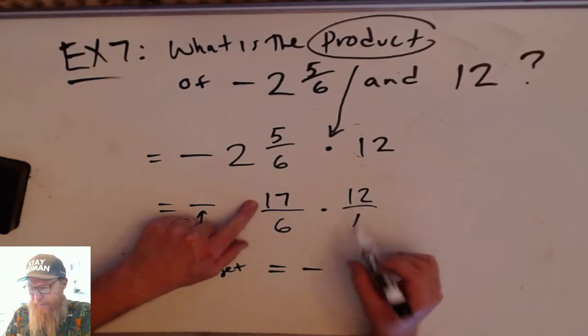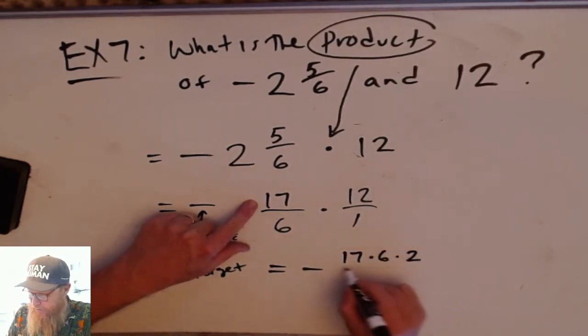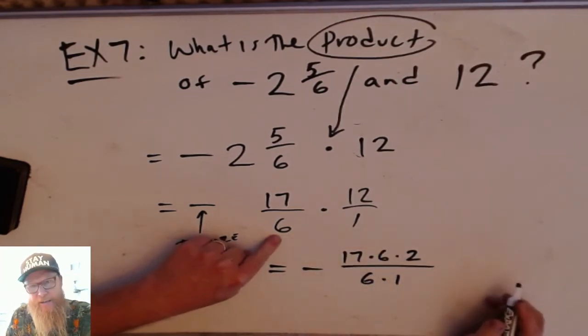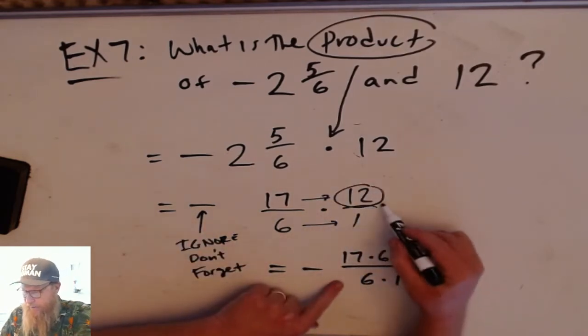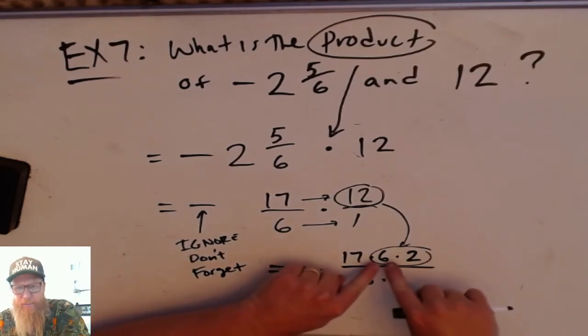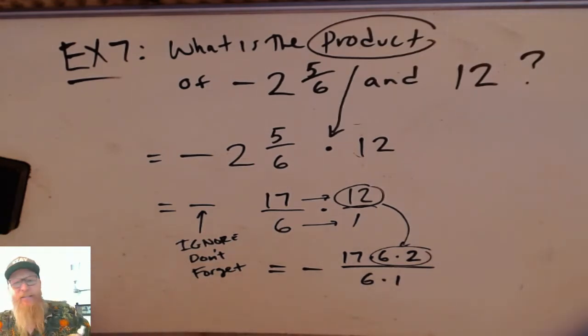I'm going to try to simplify this. 17 times 6 times 2, and then the bottom is 6 times 1. I'm factoring the 12 into 6 times 2. Now I could keep going, right? 6 is not prime, but I've mentioned this in the past.